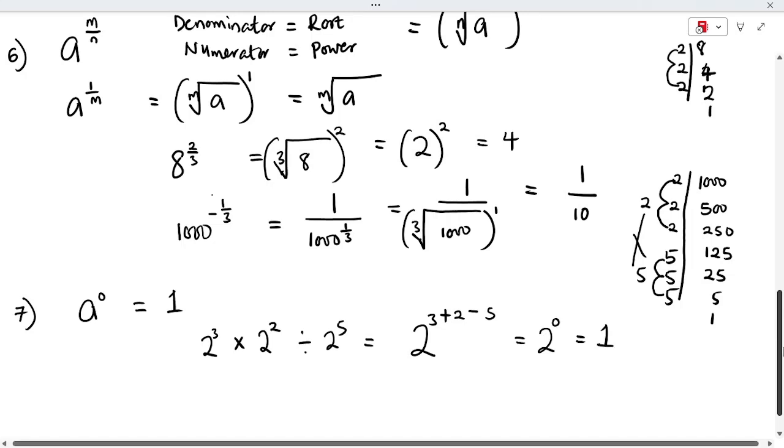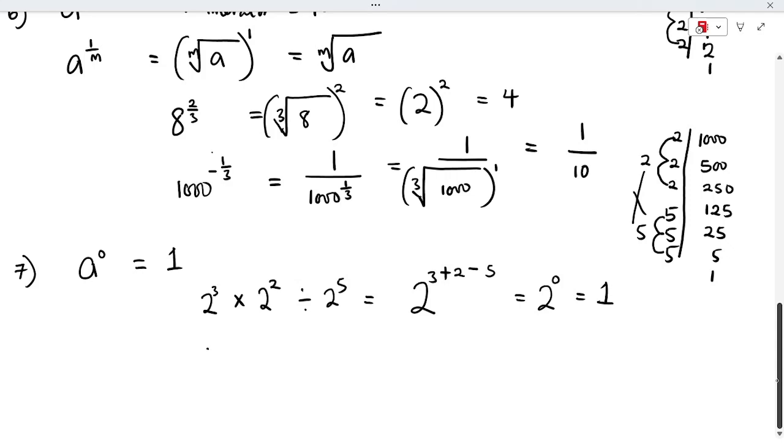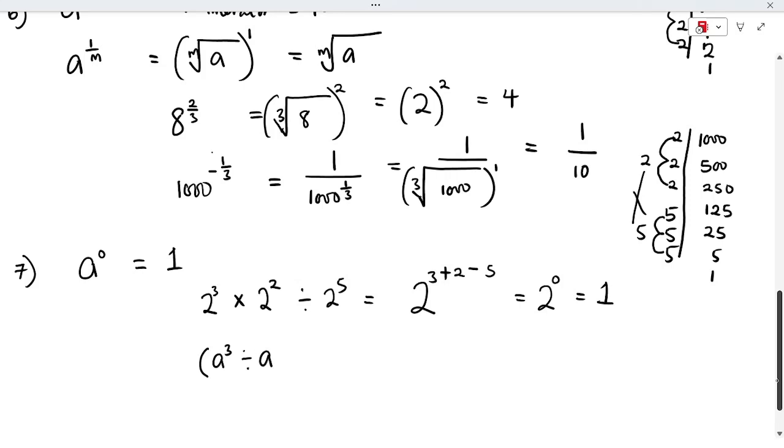So most times you will not be given a question where they tell you something raised to power 0. You calculate and get to that point. However, some years ago, I gave some students this question, and many of them stressed themselves before they even got the answer. You should have gotten it in less than 10 seconds, I guess. So you have a raised to power 3 divided by a raised to power 2 plus a, all raised to power 0.